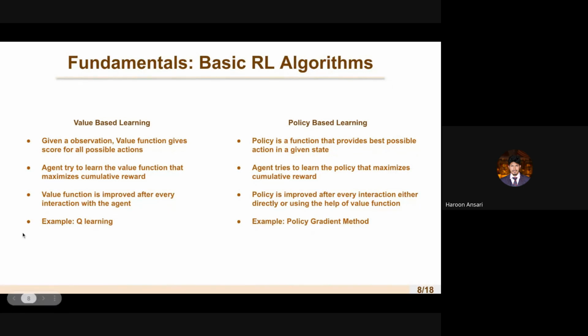In Q learning, we essentially try to model a mathematical function that depicts the value function. And in the policy gradient method, we try to model it as a neural network or some other approximation function that gives us the distribution.